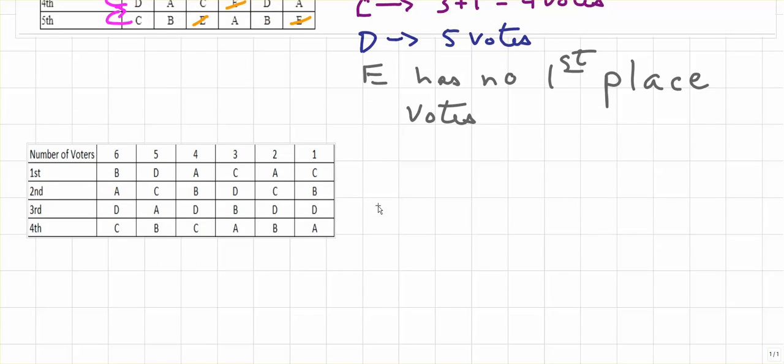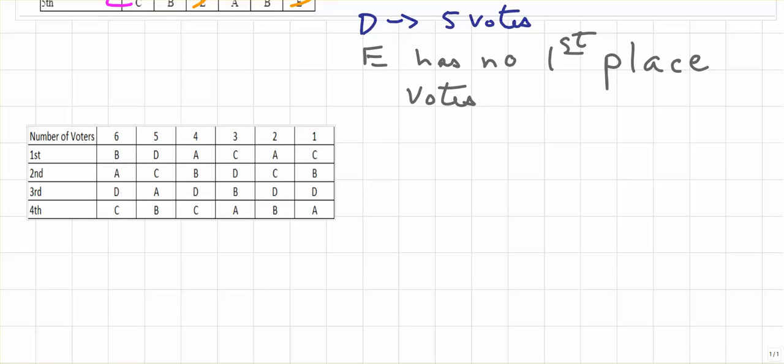Alright, now we're going to do the same thing again. We're going to look at first place votes, and then we're going to eliminate the next one down. So once again, we'll start with A. And we note that A has 6 first place votes.